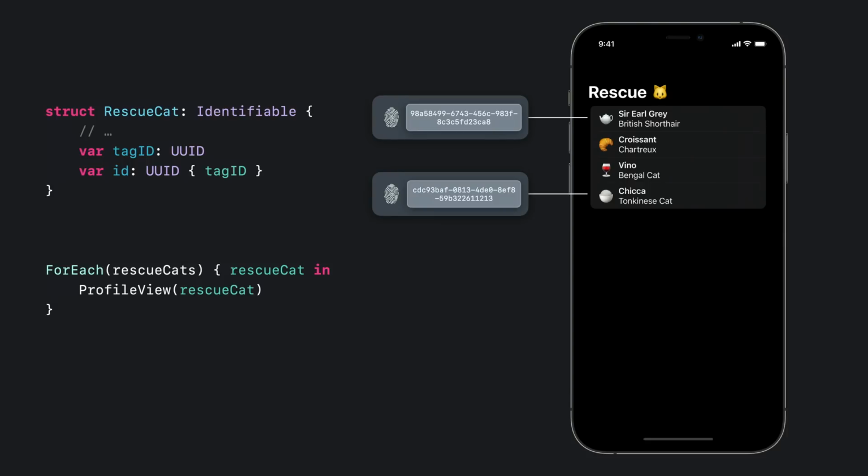This idea of providing a stable identity for your data is so important that the standard library defines the Identifiable protocol to describe this capability. And SwiftUI takes full advantage of this protocol, allowing you to omit the key path and use the identifier provided by the protocol requirement to define the identity associated with your data and your views.